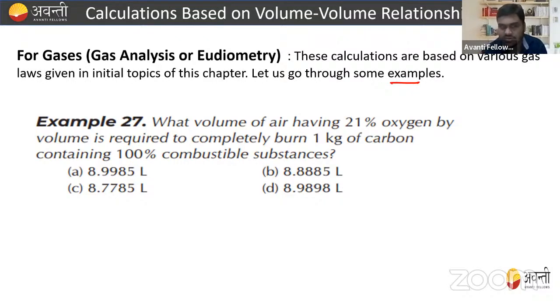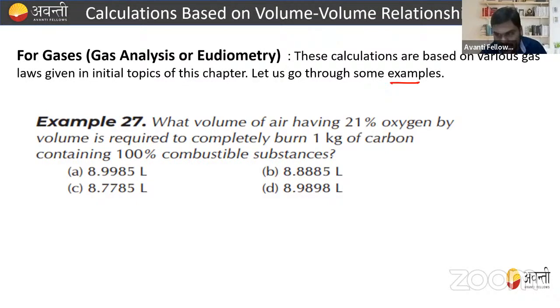So the first question, beta. In this question, they ask: what volume of air having 21% of oxygen by volume is required to completely burn 1 kilogram of carbon containing 100% combustible substances? So how will you calculate what volume of air you actually require?